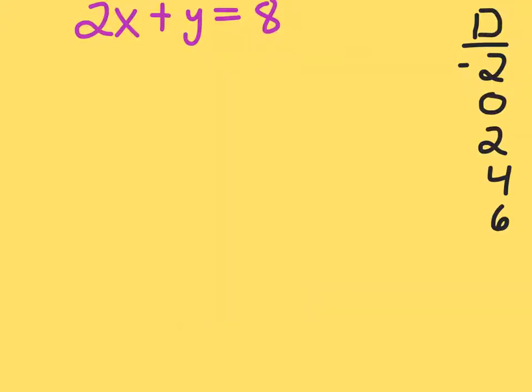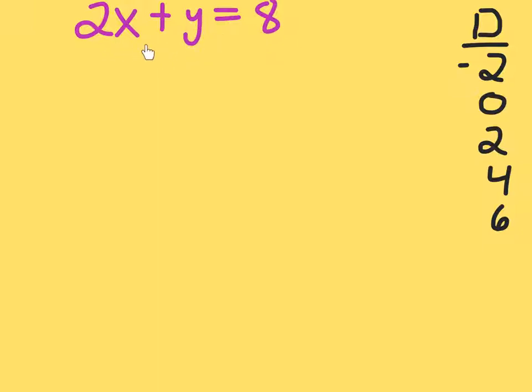Alright, here's example number 2, and in this one they want us to find the range of the function. So I'm not going to write all this out, so if you want to read along, it's on page 151 in your book. But it says the domain of the function is represented by 2x plus y equals 8.